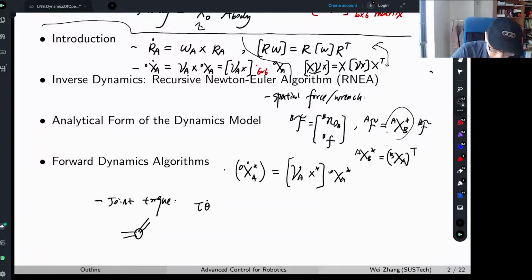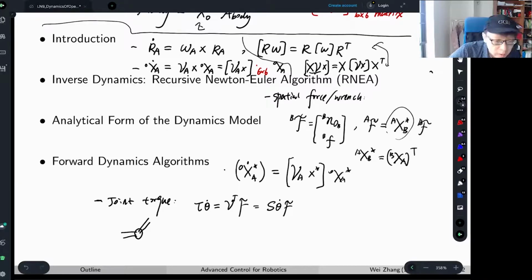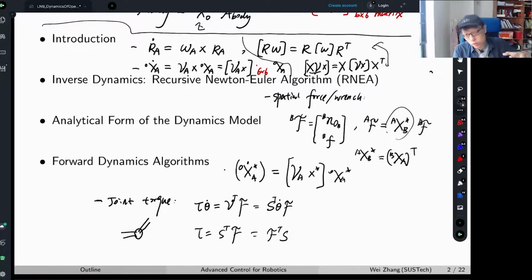If the direction of motion is clear, you can think of velocity times force as power, right? Velocity transpose F, that's power. And the velocity we know is S theta dot, right? So overall, torque is nothing but, sorry, this is S transpose F, or F transpose S, either way is fine. It's just projecting your six-dimensional wrench on the screw axis, and you get the torque. Okay, so that's what we introduced.